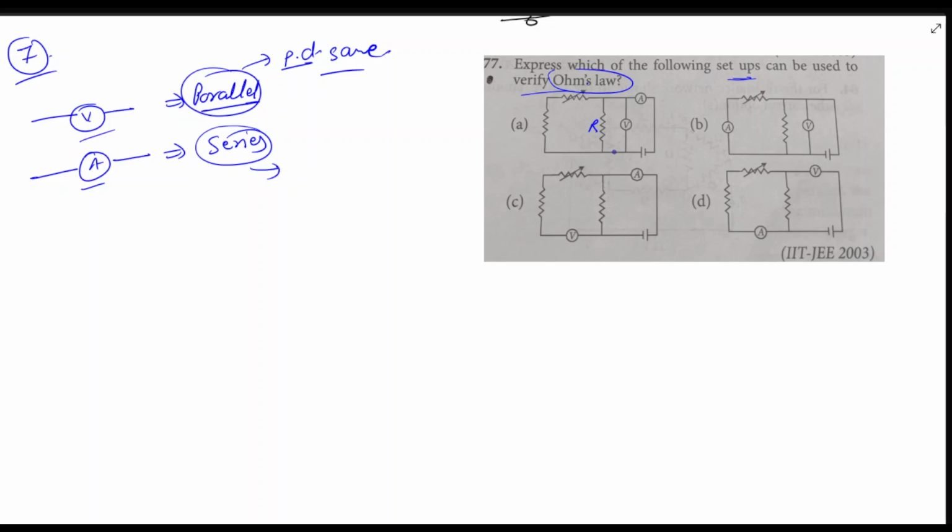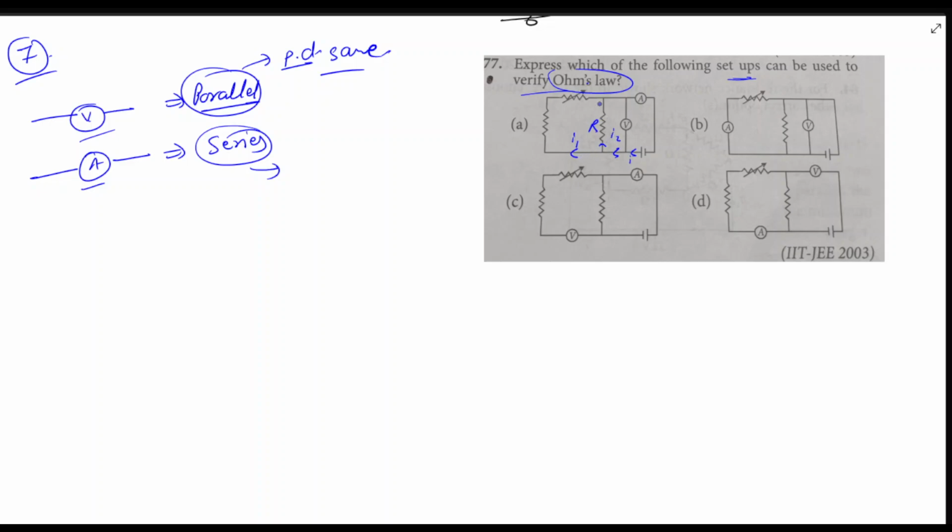Okay, perfect. Now in this case, look, the current will go here and the voltmeter has a very high resistance, so the current passing through the voltmeter will be negligible. So this current I will go like this and it will divide here. Let's say it is I1 and let's say it is I2.